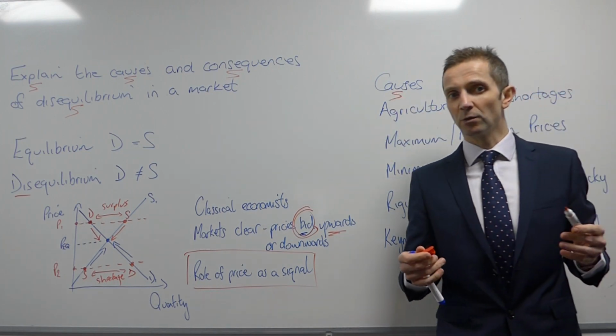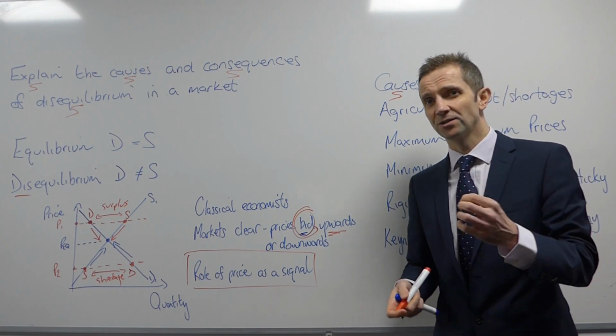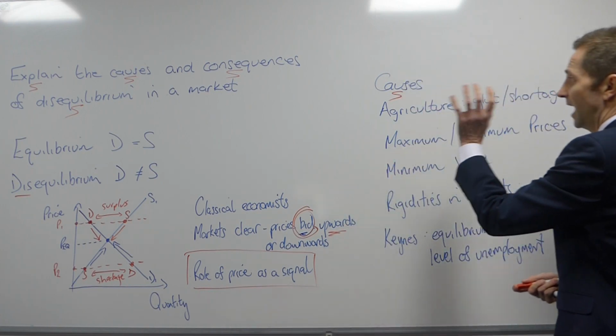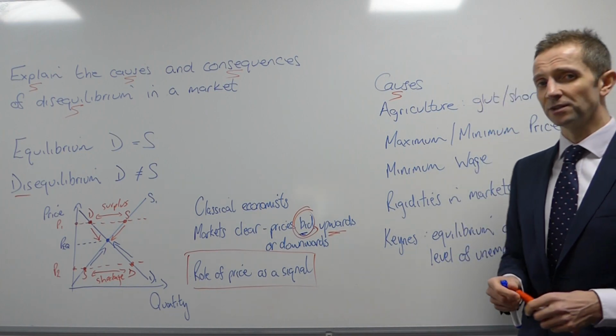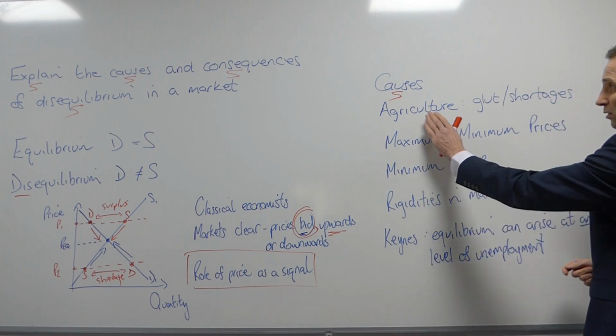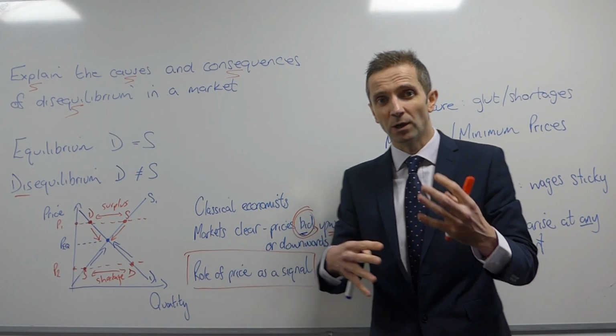Well, remember of course in your OCR specification, you're asked to consider specific markets: commodities, housing, transport, and of course agricultural markets are also ripe for discussion. And certainly you will find that in your studies of agricultural markets, this whole notion of surplus and shortage arises quite a lot.